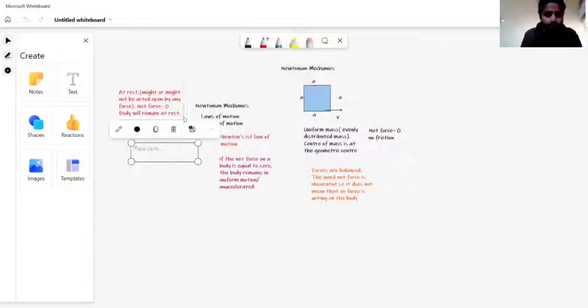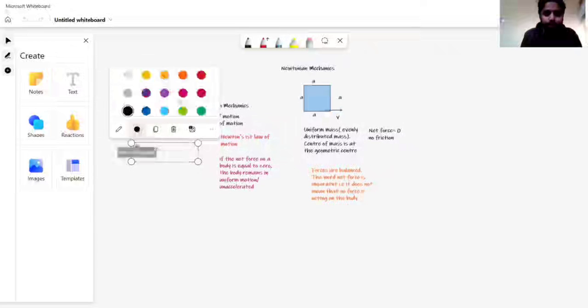It's the next law of motion. It's Newton's second law of motion. So what exactly is Newton's second law of motion?